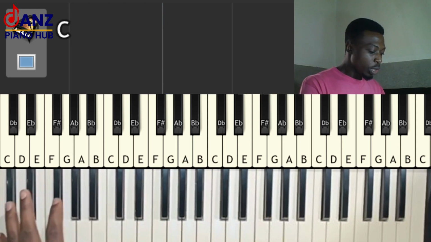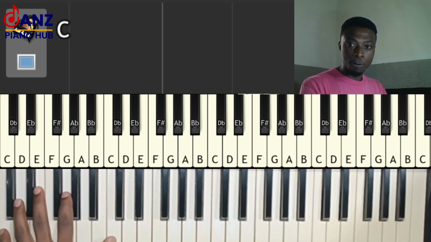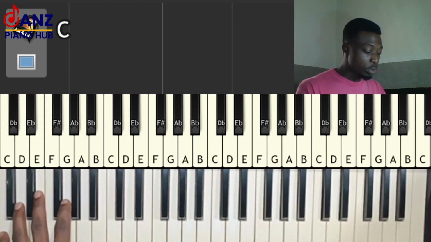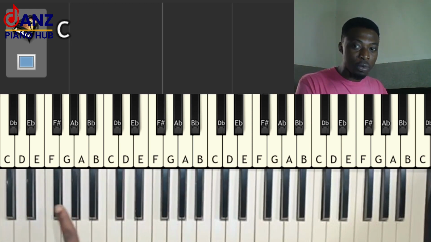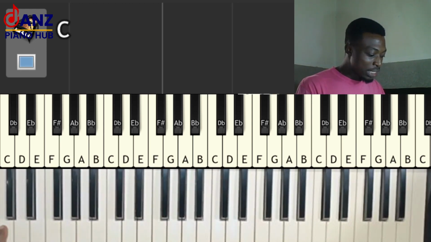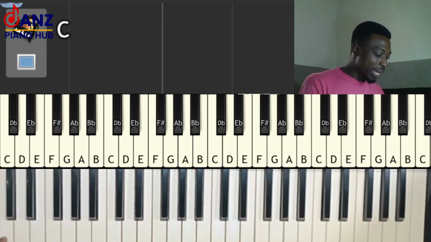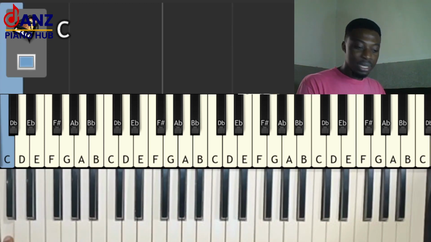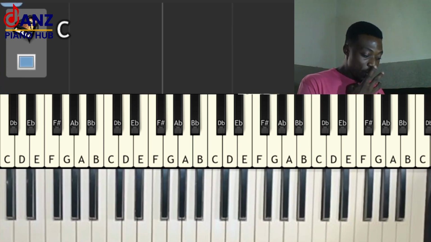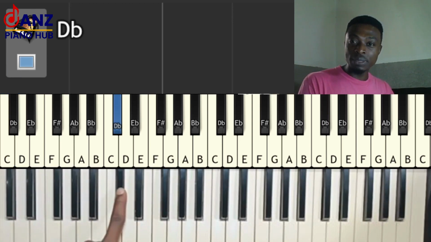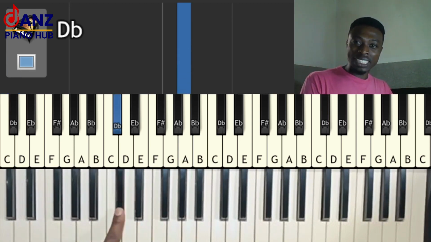Remember, we are dealing with our major scale, and I said the formula is tone, tone, tone, semitone, tone, tone, tone, semitone. So anywhere you start from on the keyboard, if you follow that formula, it will always give you Do, Re, Mi, Fa, Sol, La, Si, Do. The first scale is C. If we use that formula here, it's our C major scale. Here, it's our D flat major scale.